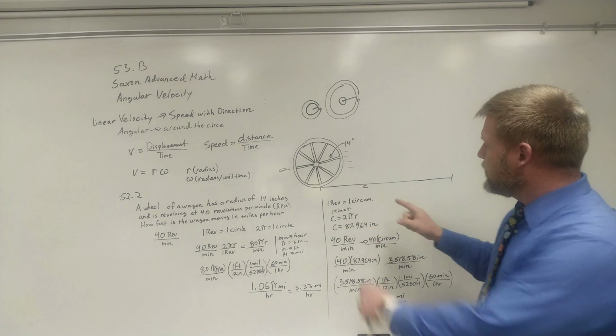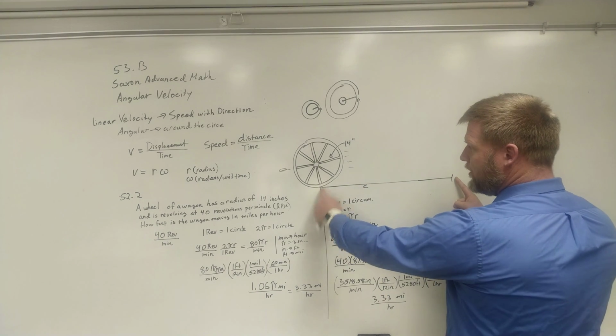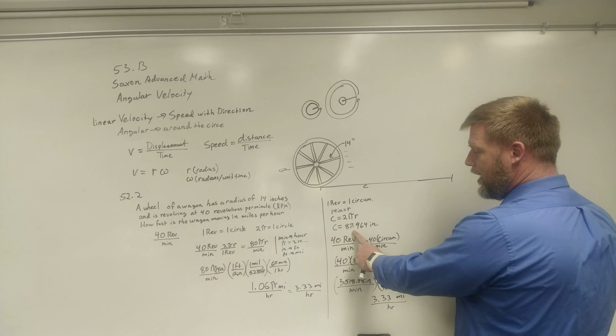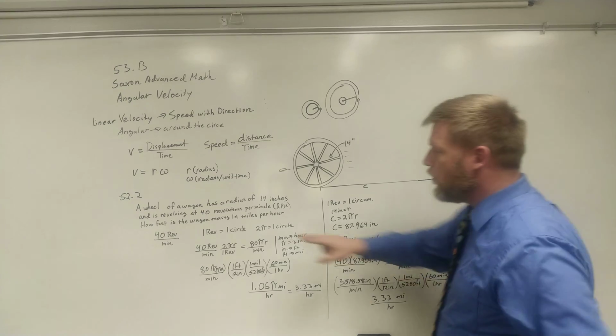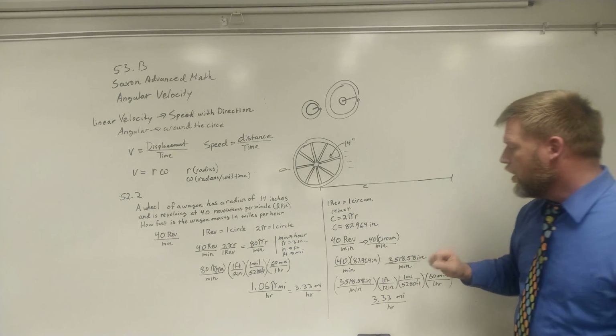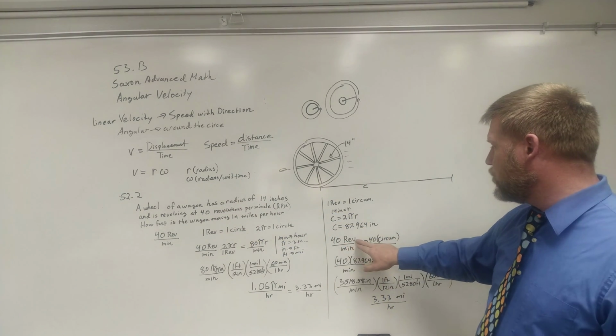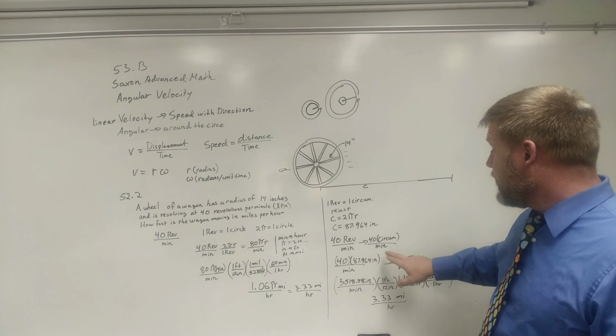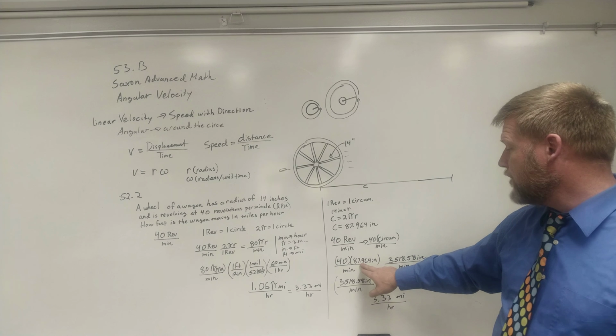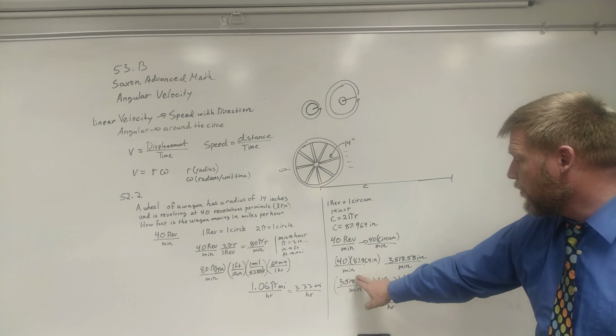Well, that makes sense. That means that 1 time around on this wheel is 87.964 inches. But they said it was going 40 revolutions per minute. So I went ahead and said, well, if a revolution is the same as a circumference, which it is, I can say, therefore, 40 times 87.964 per minute.